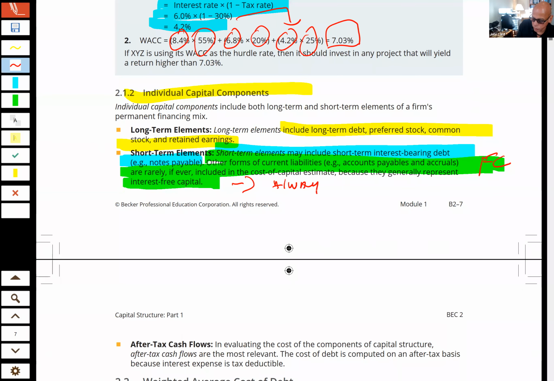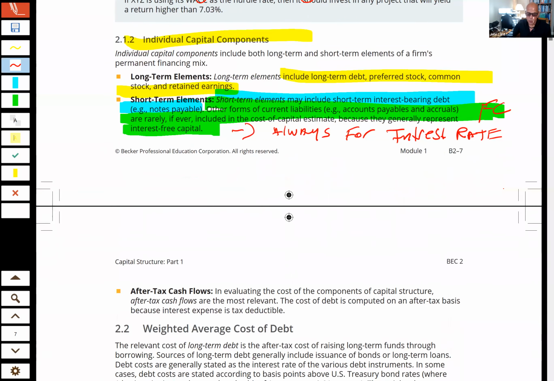Always look for a trick on the exam where they may give you an interest rate on something like this that typically doesn't have interest. Always look for an interest rate on these because the exam might try to trick you again. You're studying for the CPA exam. They want to see, are you a person with attention to detail? So just don't assume that accounts payable doesn't carry any interest with it, but most of the time it will not.